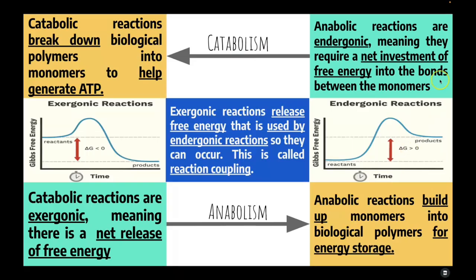Exergonic reactions, we said exergonic reactions over here are going to release free energy. So you could think of this like rolling a ball down a hill. You don't need much energy for this to occur, right? Endergonic reactions, you're going to need energy. So you're going to think of like pushing a ball up a hill. So if you were to imagine if you had to push something, you'd need more energy, right?